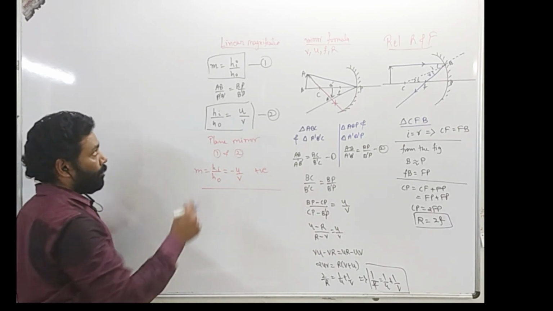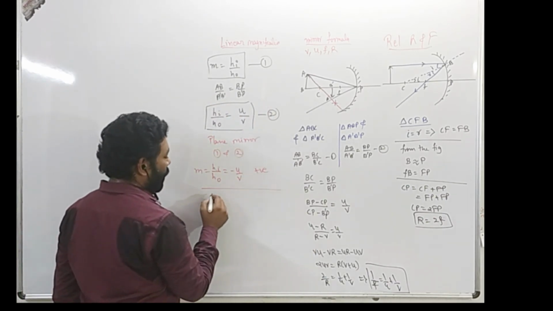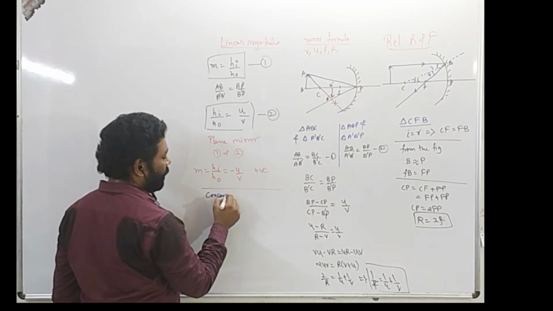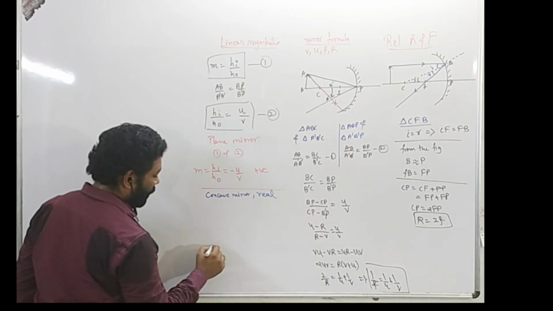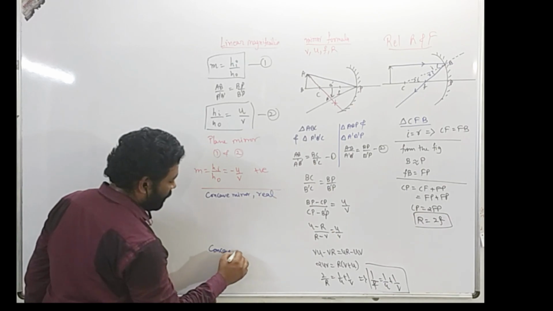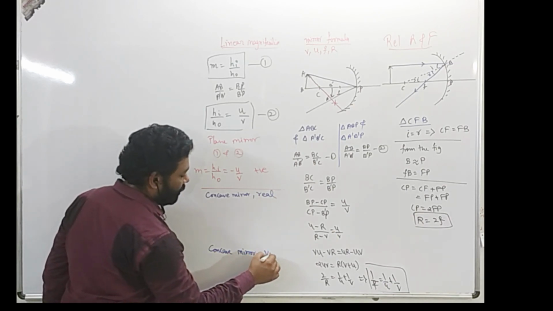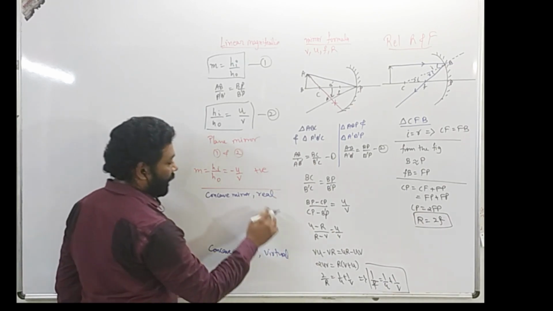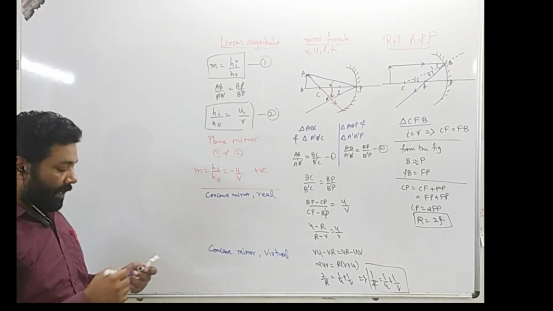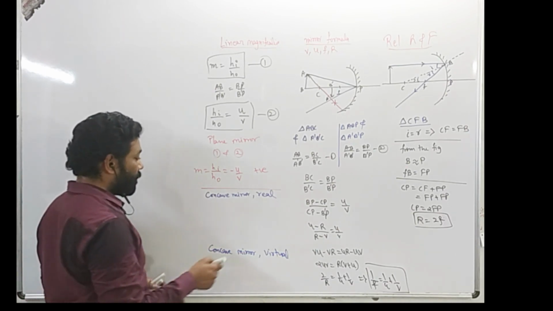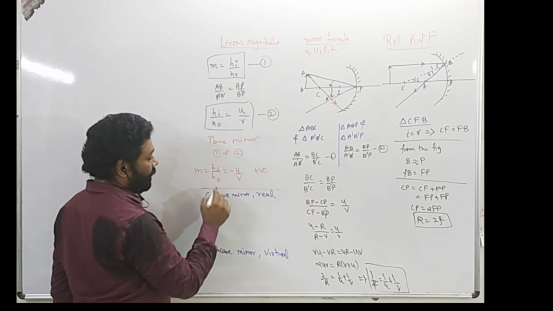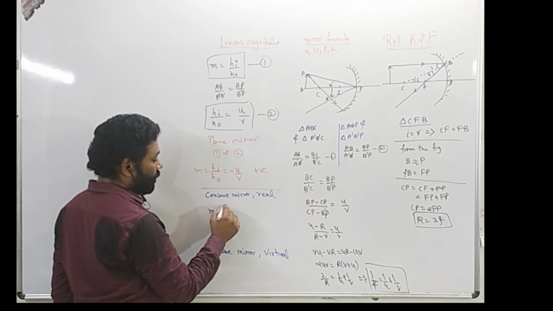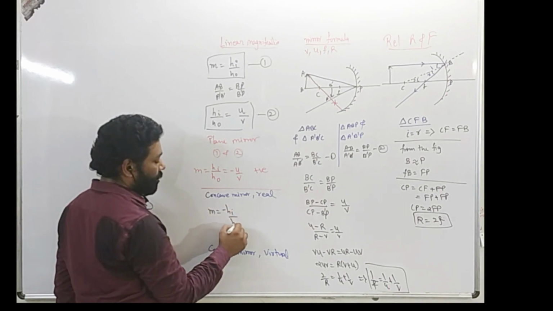Next, let us try to apply these formulas for the concave mirror. A concave mirror forms two types of images, real as well as virtual. So let us see what we can conclude when the image is real and what we can conclude when the image is virtual. When the image is real, the image height will be negative and the object height will be positive, right?